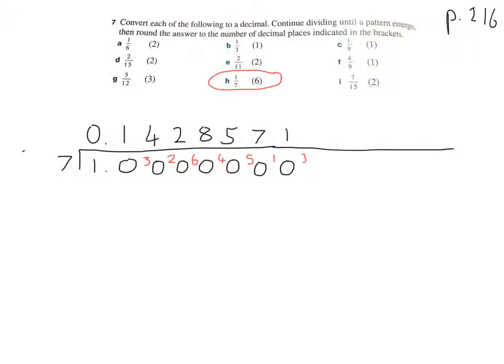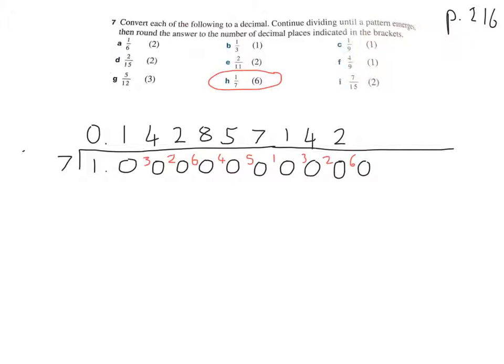We put a 0 next to the remainder. 30 divided by 7 is 4, with a remainder of 2. We put a 0 next to the remainder. 20 divided by 7 is 2, with the remainder of 6. We put a 0 next to the 6, so this becomes the number 60.